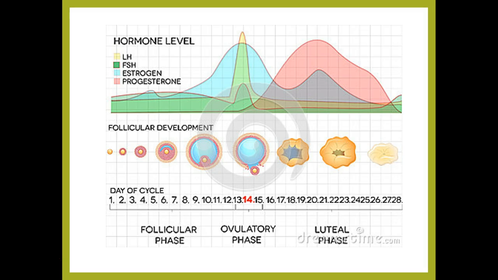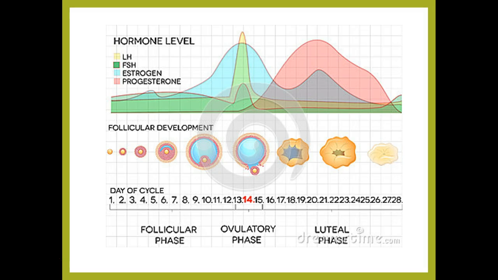So as these follicles develop, they secrete estrogen. Estrogen prepares the uterine lining for pregnancy. It helps it start to thicken up. Okay? So look at your blue area. That's estrogen. You can see a little spike in the estrogen as the follicles begin to develop in this chart. Okay?